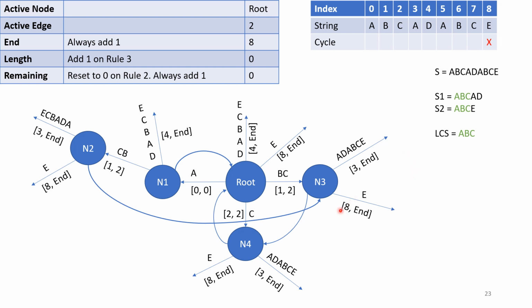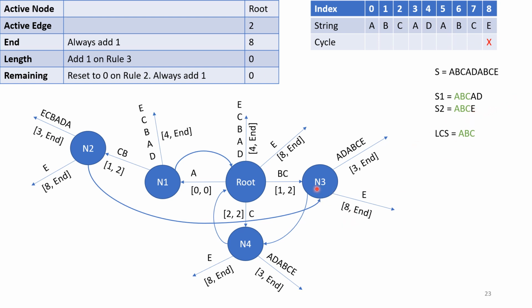Well, if you look for all the nodes, N2 and 1 and 3 and 4, that end up with a leaf. Basically, this one is a leaf. That's the end, basically. This one is not a leaf because it's pointing to another node, but this one is. We have an end, right? So if we find all of those and we check where the initial index is coming from. So in this case, this one is coming from 8. So 8 is this guy, which is clearly coming from string 2.